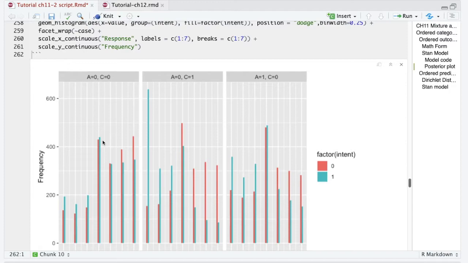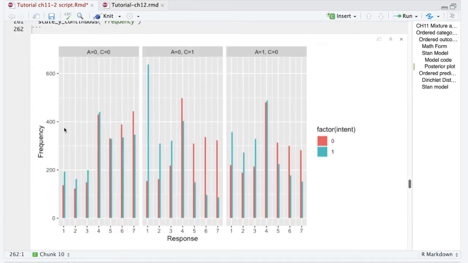If you want to know the impact of contact, you can compare these 2 columns. And if you want to know the effect of action, you can compare this column and this column. Even though it's just one graph, there are many stories behind the scenes waiting for you to investigate deeper. So I will leave this graph here, and you can read the textbook to find more interesting results.